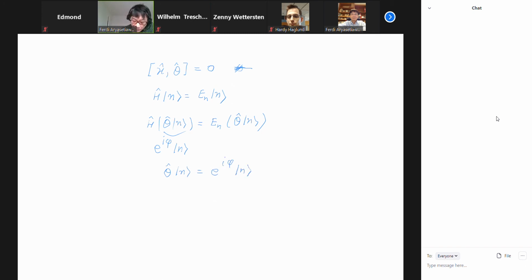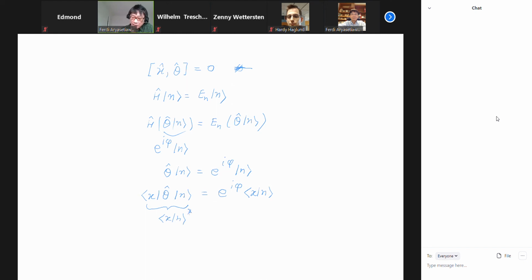Now let's make a projection onto the position eigenstate, because we want to look at the wave function. That is equal to e to the i phi times psi n of x. So we know that this thing is just psi n star of x.